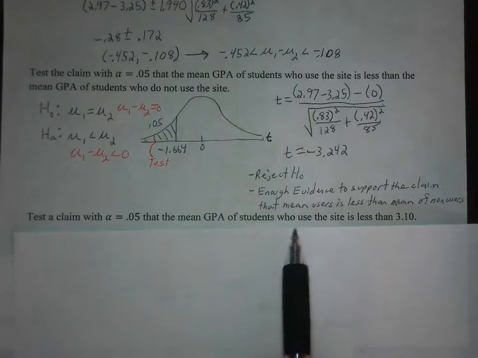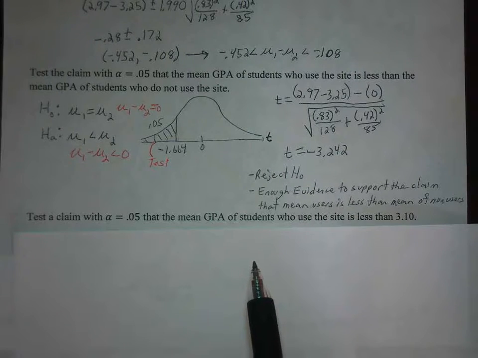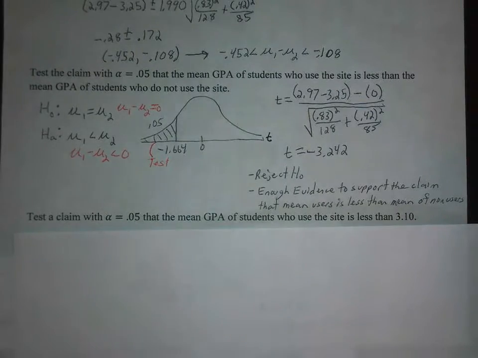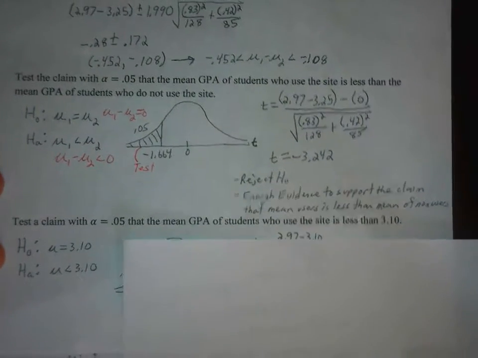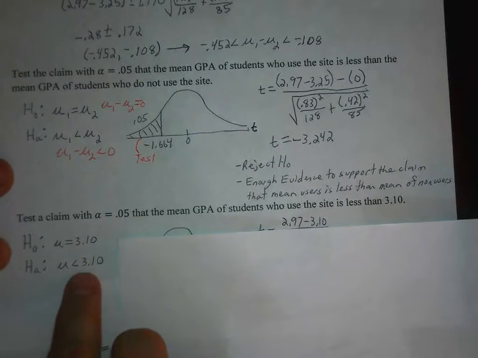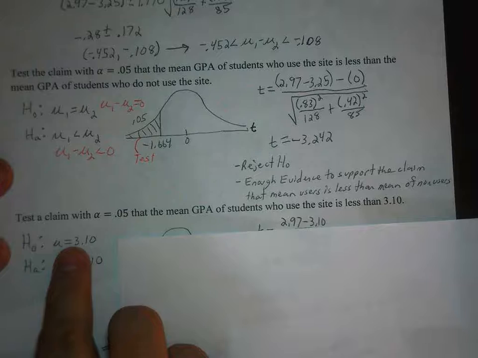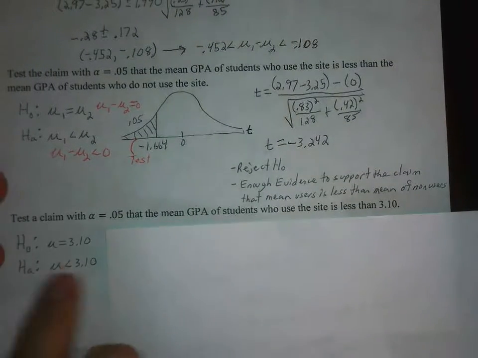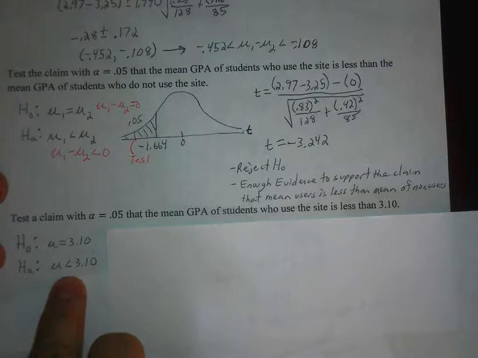So now we're back to just looking at one sample, those who use the site. So your hypotheses here would be that the mean is less than 3.1, and the null will be mu equals 3.1. So this goes back to the last chapters where now it's only one sample.